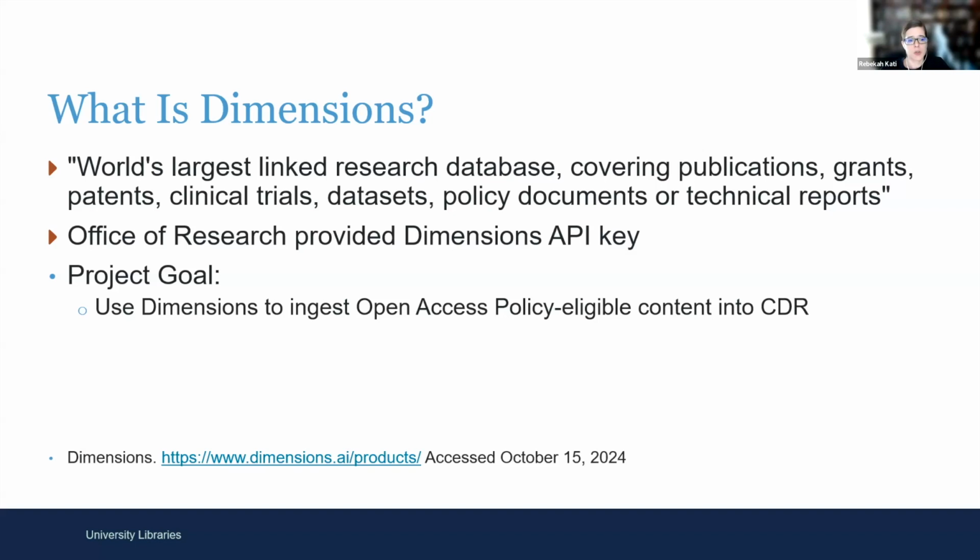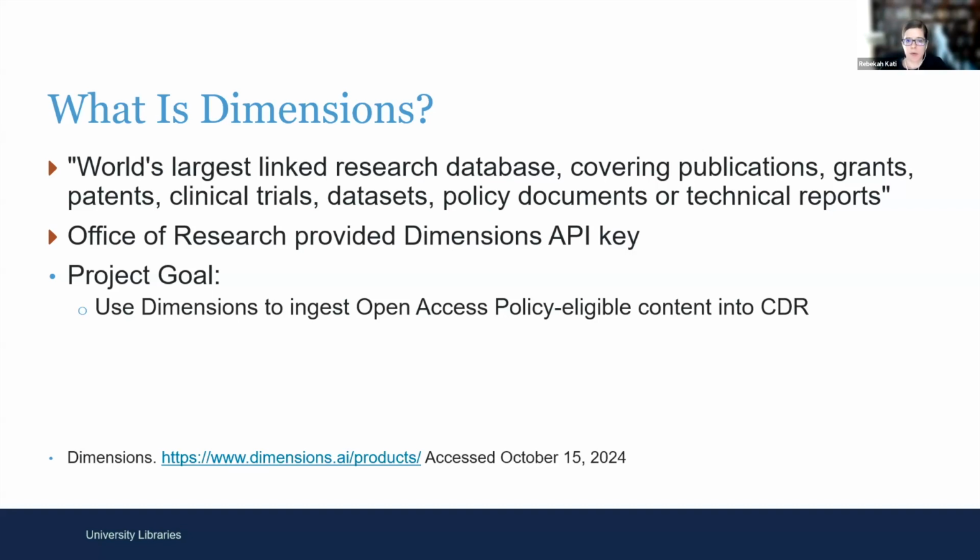So the Office of Research at UNC had purchased a subscription to Dimensions, which is a Digital Science product. They describe themselves as the world's largest linked research database, and they cover a lot of different aspects of the research cycle and scholarship, as you can see on the slide.